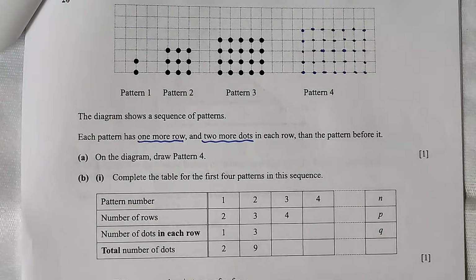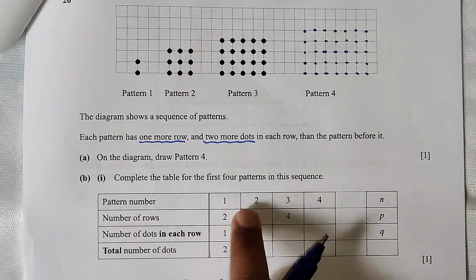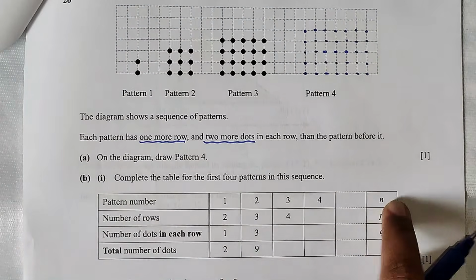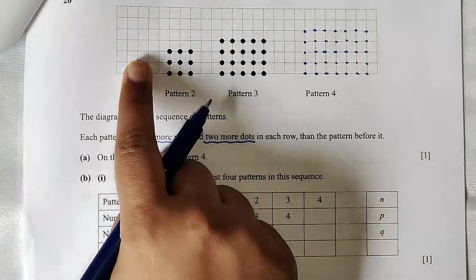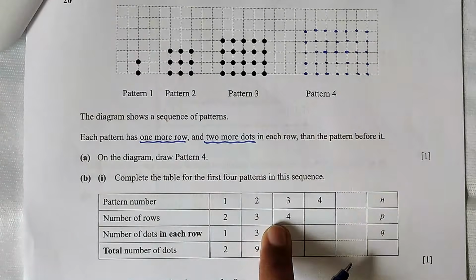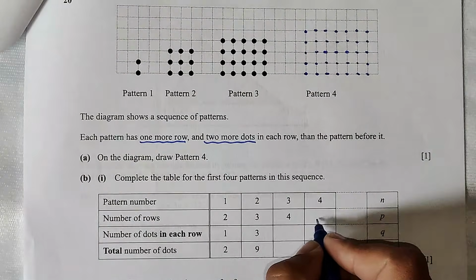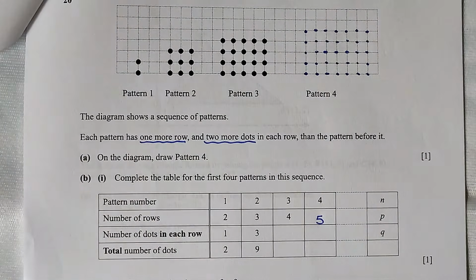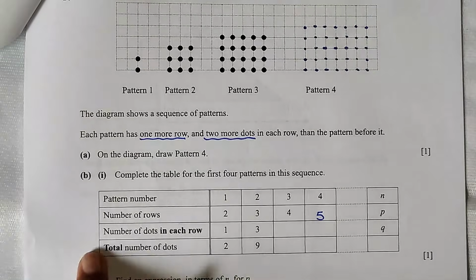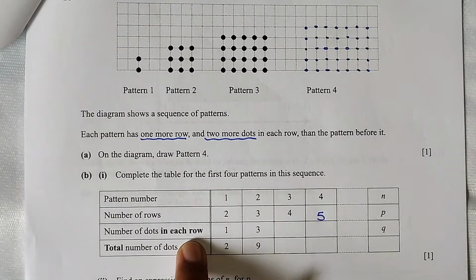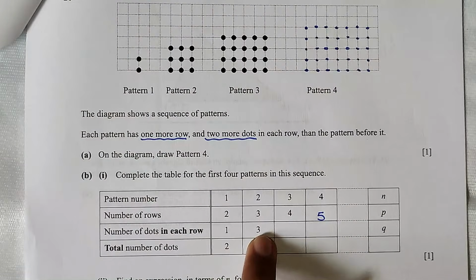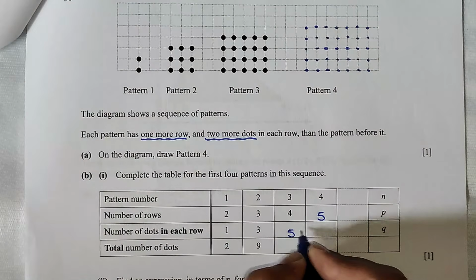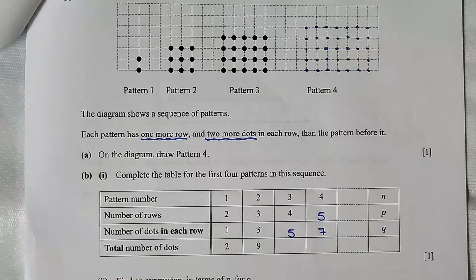Now for part B, in part A, complete the table for the first 4 patterns in this sequence. Okay, so as you can see, we have pattern numbers 1, 2, 3, 4 to n. Number of rows. How many rows in the first pattern? 2 rows, and then 3 rows, 4 rows, and we have 5 rows because we are adding 1 more row. And the number of dots in each row. 1 dot, 3 dots, 5 dots, and then 7 dots, adding 2 each time.